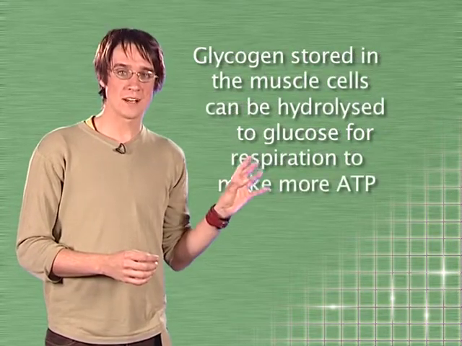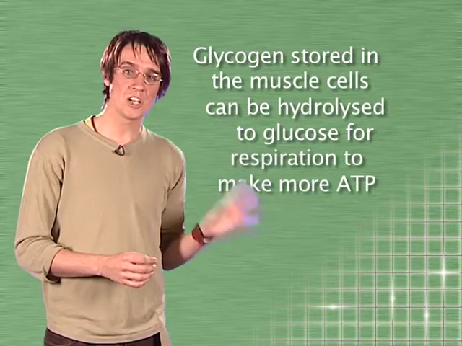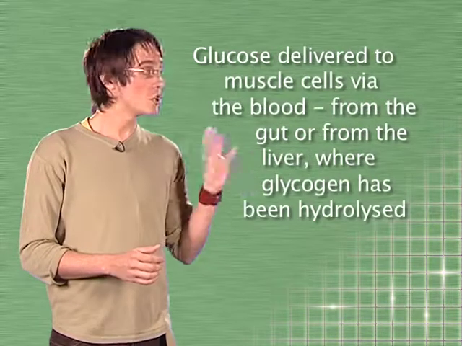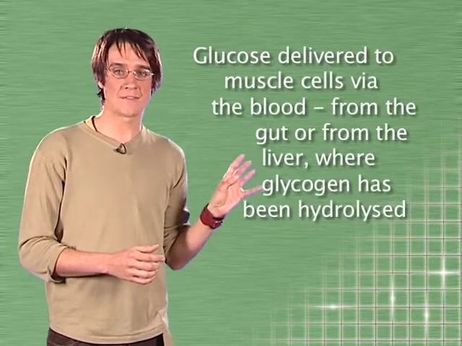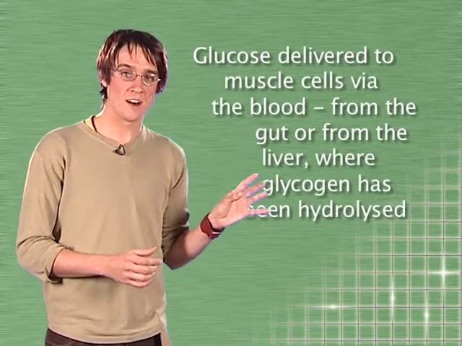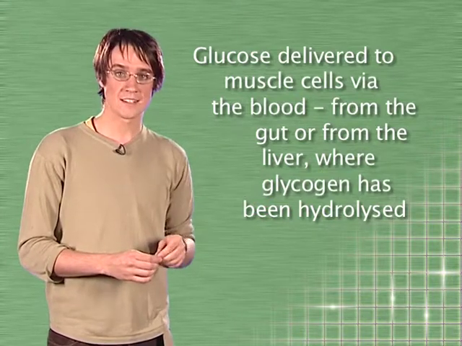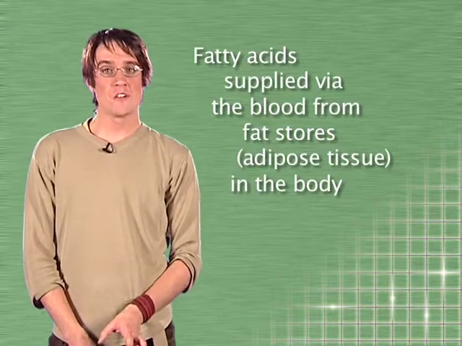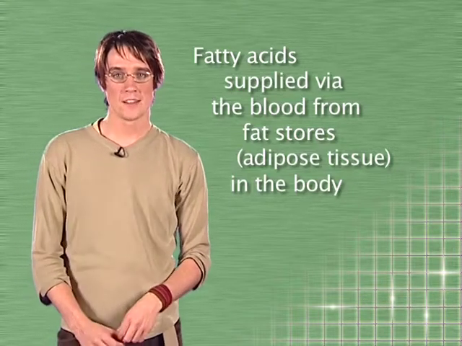Glycogen, stored in the muscle cells, can be hydrolyzed to glucose for respiration to make more ATP. Glucose, delivered to muscle cells via the blood from the gut or from the liver, where glycogen has been hydrolyzed. Fatty acids, supplied via the blood from fat stores in the body. There is very little ATP stored in the muscle cells, and two types of respiration can be used to produce more.